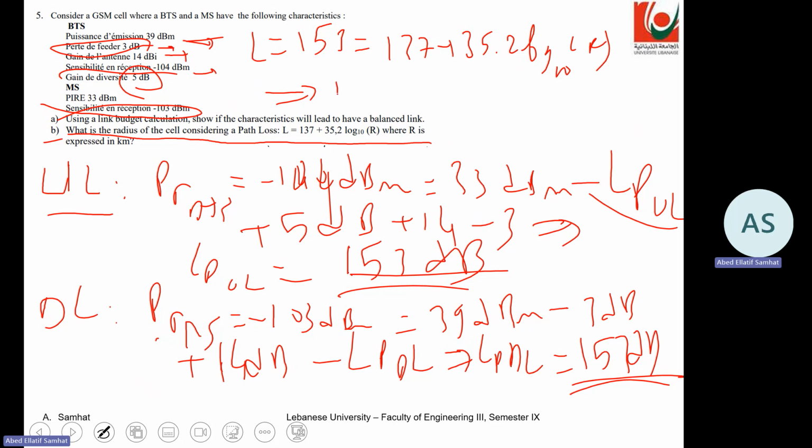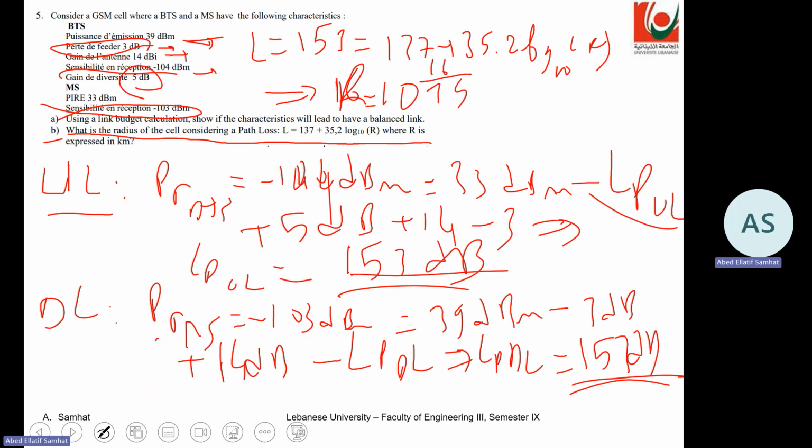So R: 10 to the power, because it's log 10, of 16 over 35.2.